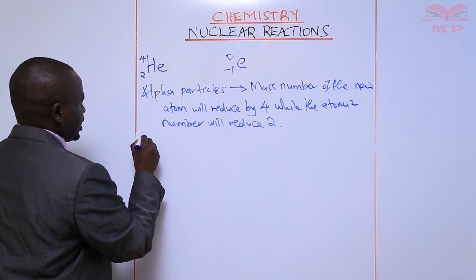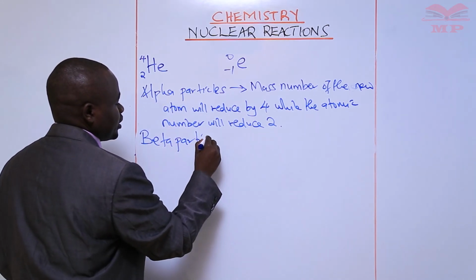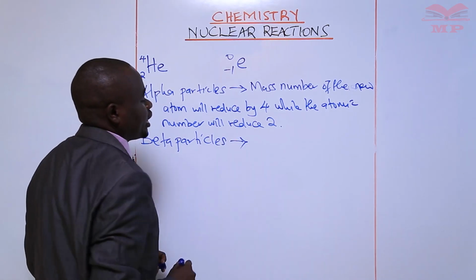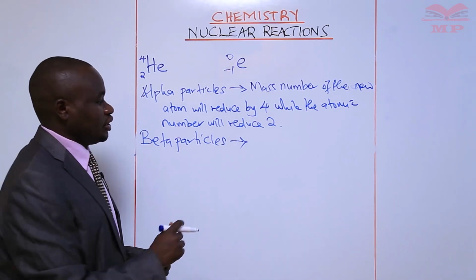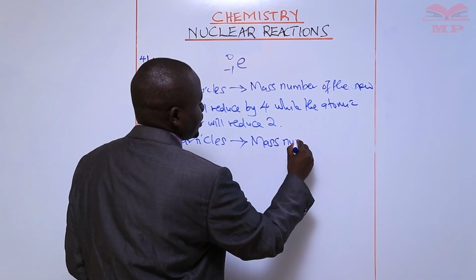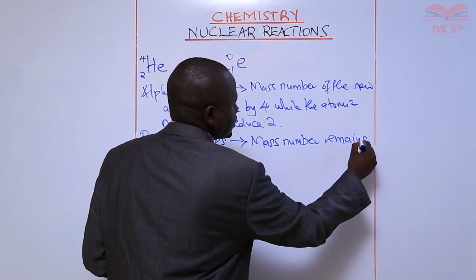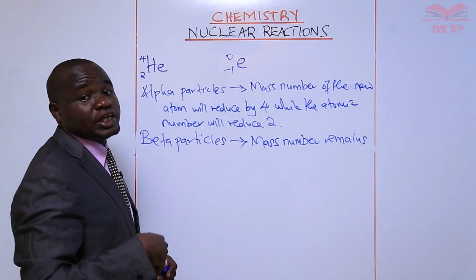When it comes to beta particles, when they are emitted during that process of disintegration, the mass number does not change. Mass number remains, but what changes is the atomic number.